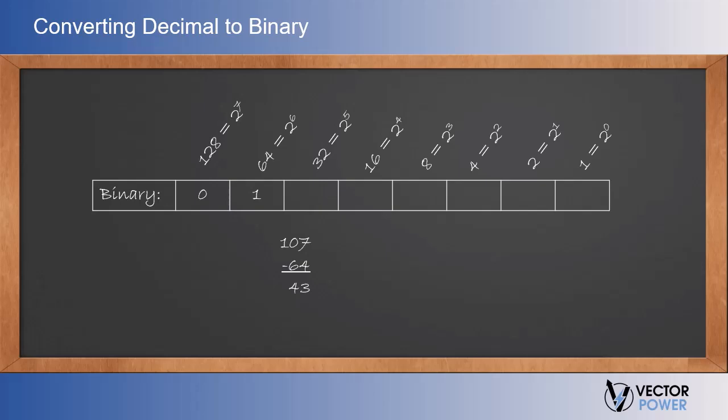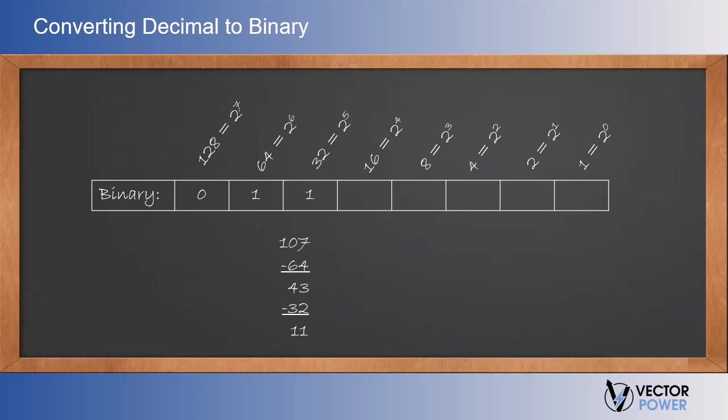Now we find the highest power of 2 for 43. The highest power of 2 for 43 would be 32. So we put a 1 in the 32 column and subtract 32 from 43, leaving us with 11.